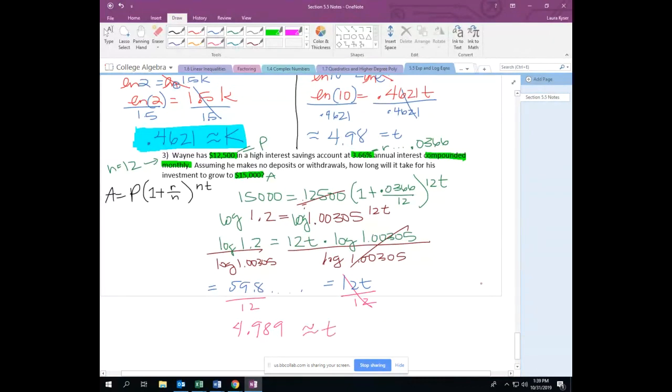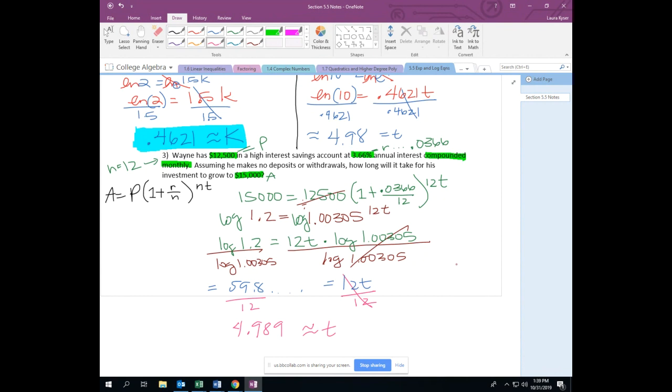Which is almost the same answer as the last one. But again, about 5 years. So once you have your final answer, round it to whatever decimal place they tell you to. So whichever one they want you to go to, just go there.